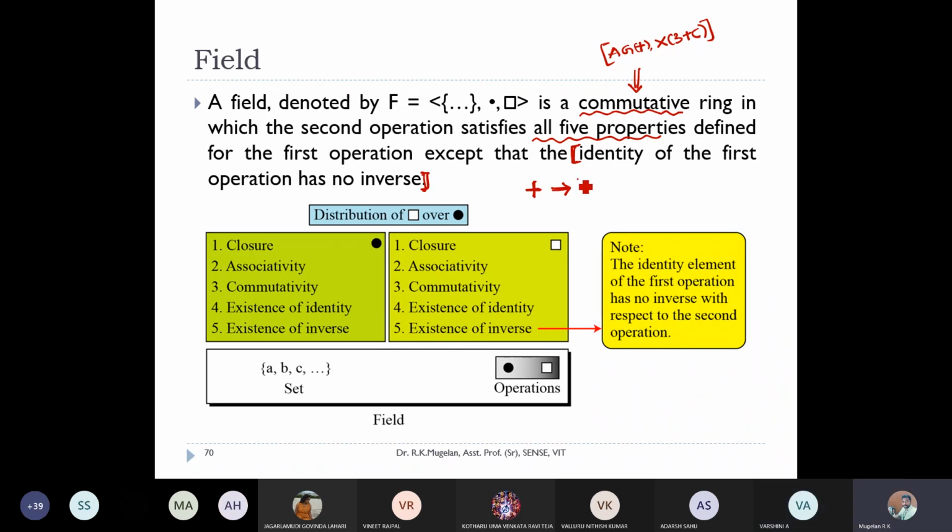So the identity element of the first operation has no inverse. As I said, multiplication has nothing to do with finding the multiplicative inverse of zero. So this is the definition of a field: both addition and multiplication satisfy all the five properties, except the existence of inverse, since zero doesn't have an inverse here. So this is the definition of a field.